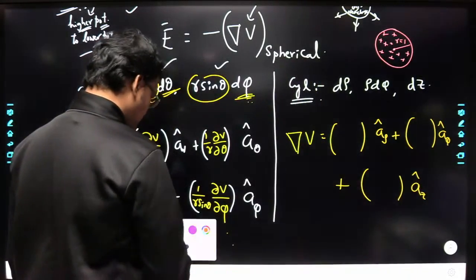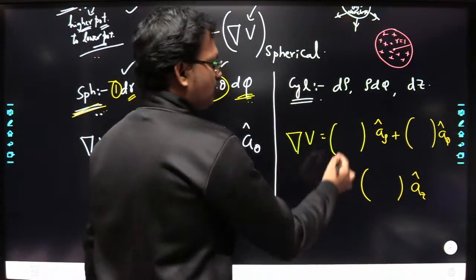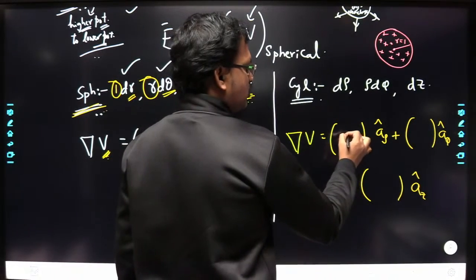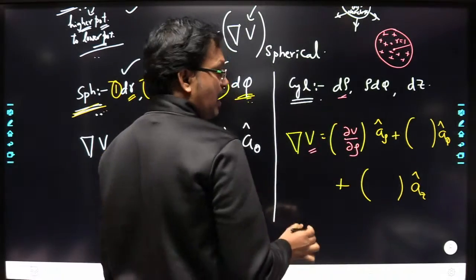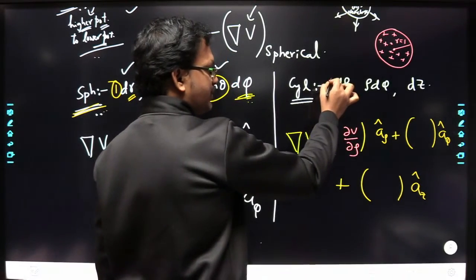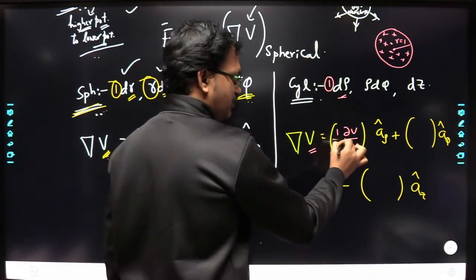Now see here. Write dou V by dou rho, differentiate the potential with respect to rho, and write the coefficient of d rho in the denominator, so you will get 1 by 1.